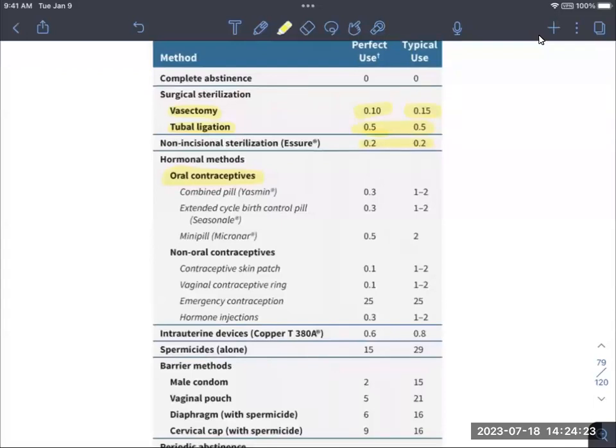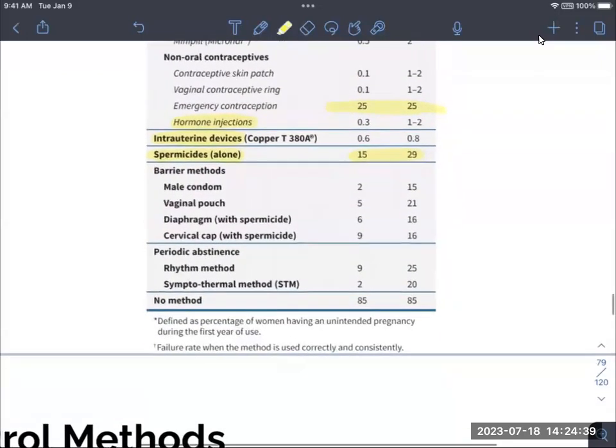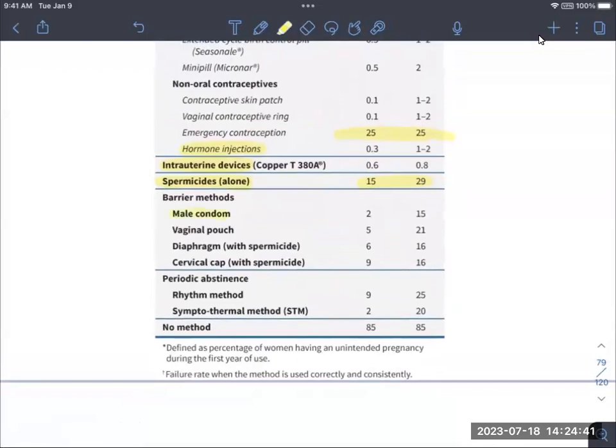Using emergency contraception, there's still a 25% chance that it's not going to work. There's different hormonal injections, intrauterine devices, spermicides. Just a spermicide alone is still a pretty high chance. Condoms, vaginal pouch, diaphragm with spermicide.